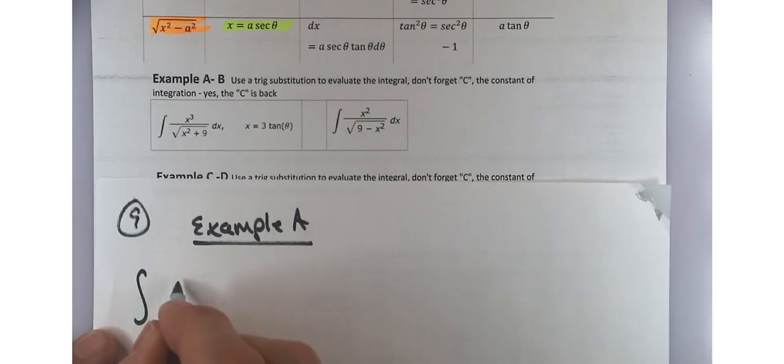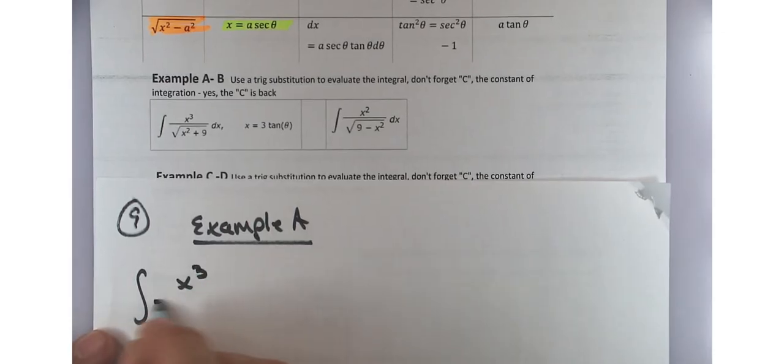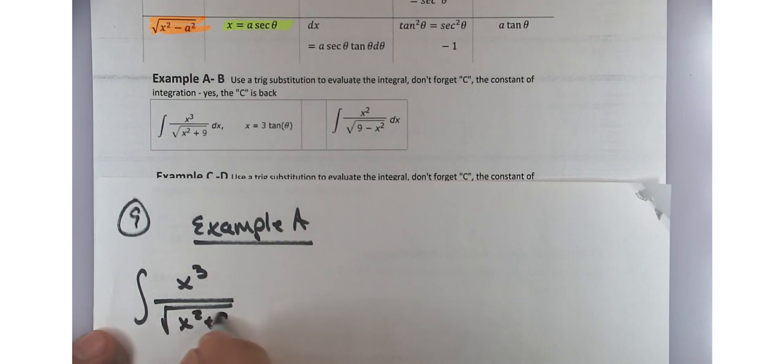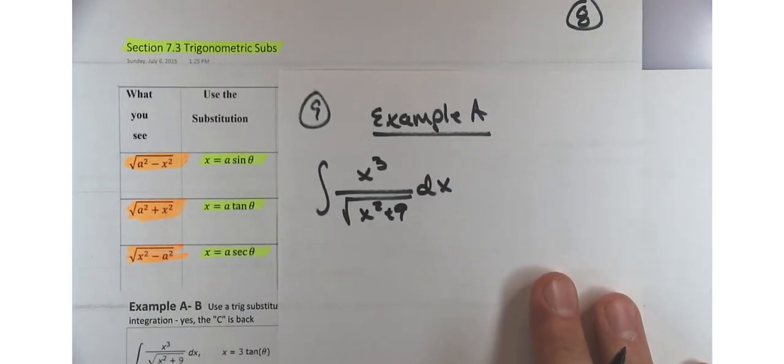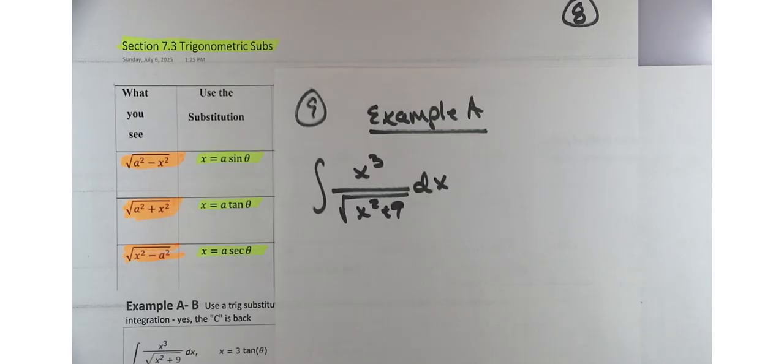The integral of x cubed over the square root of x squared plus 9 dx. Now let's take a look at our trig substitutions here. What do these things look like? What's the closest thing we've got to this? What form does it fall into?